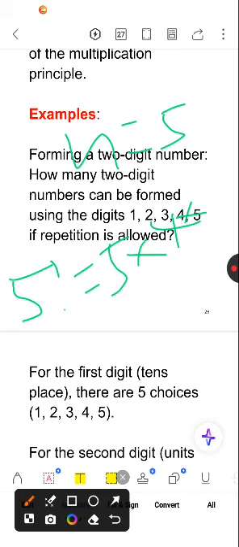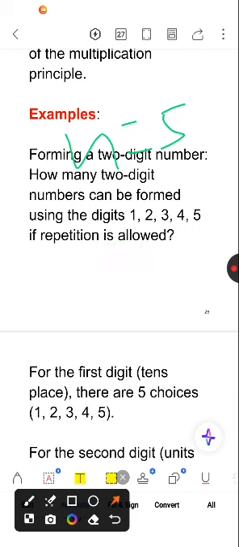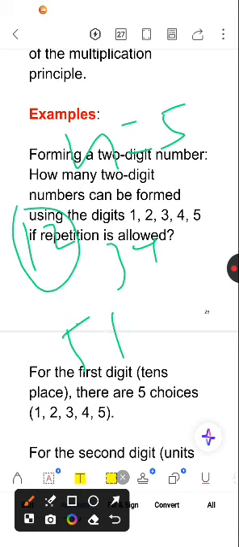But in this case, the situation is different. We want to select 2 digits from these numbers. Let's say we want to select 1 and then 2. There are 5 possible ways of selecting the first digit, which in this case is 1. So there are 5 digits.